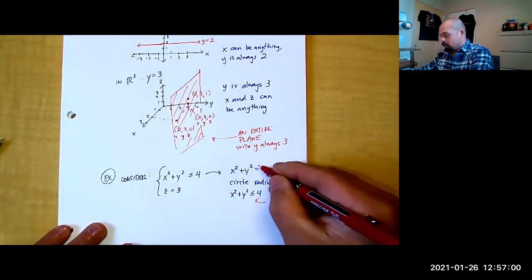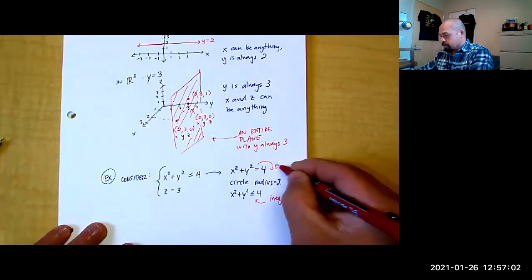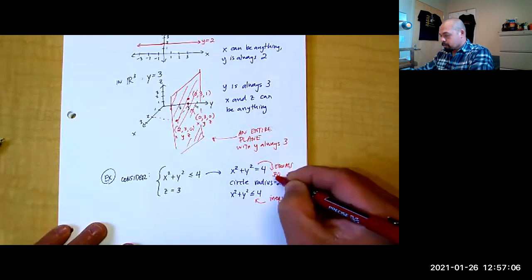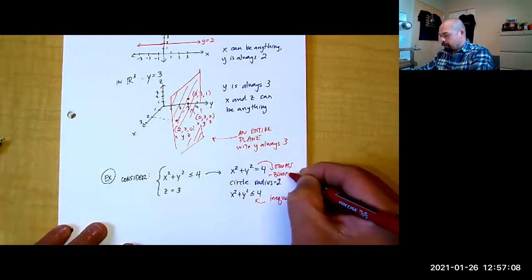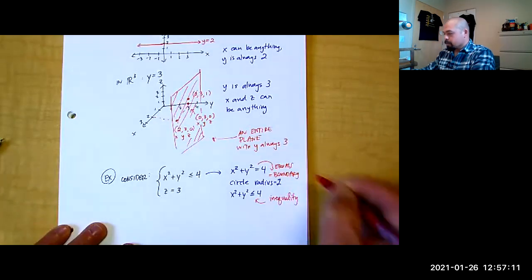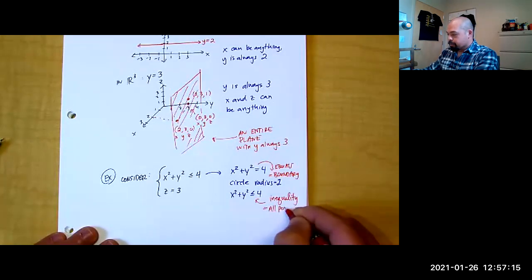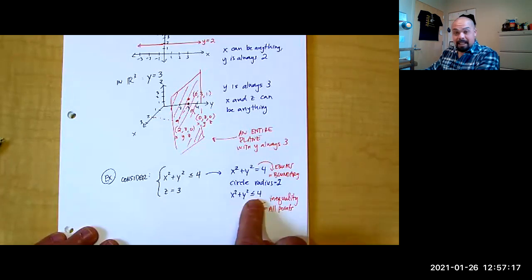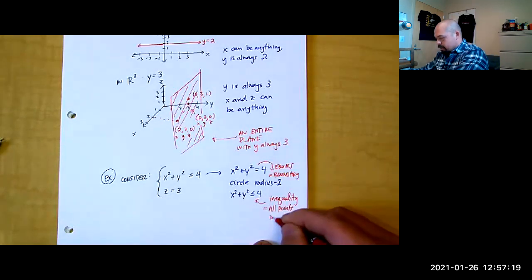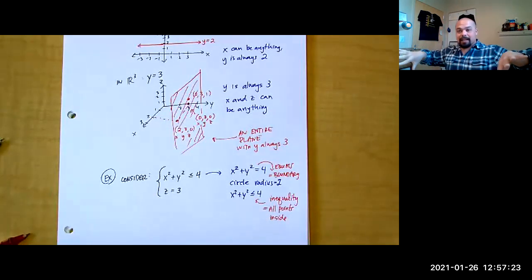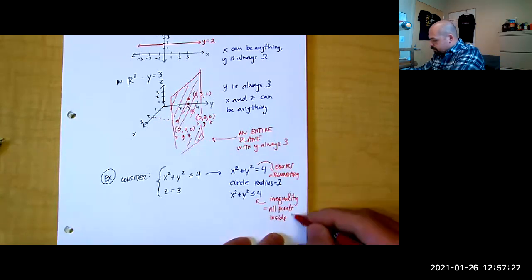So this is going to be our boundary. The inequality means all points less than, inside. If we had switched it to be greater than, that means we want to be outside that circle. Okay.